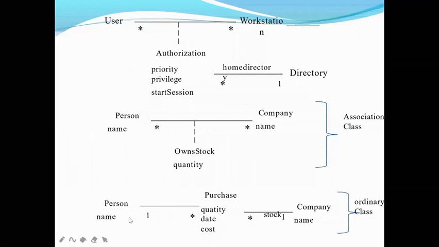So what will happen, one person can purchase any of the items, many items, and also many items will be stocked in the company. So there are two relationships. This is known as my ordinary class. So these are all the varieties of association class which have been associated with your multiplicity.